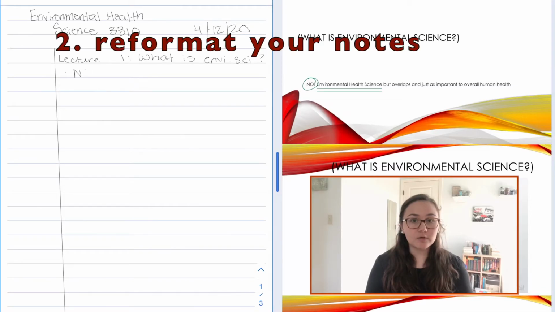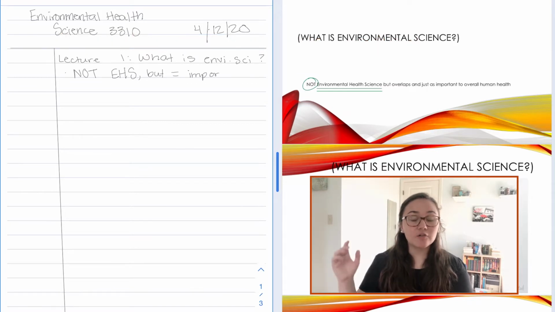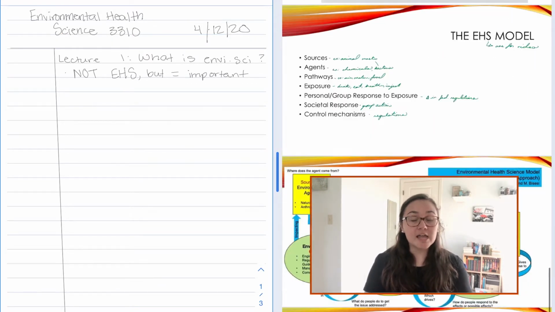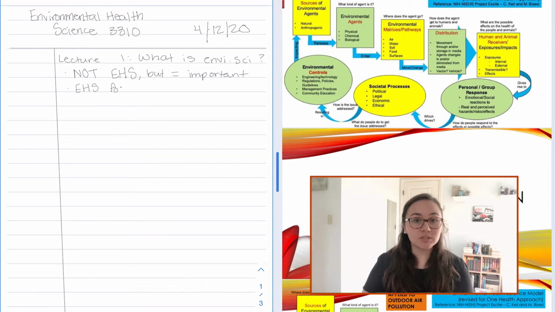The next thing that you can do in your review process is reformat your notes. For me, if I have a fill in the blank slide, I'll take what I filled in and I'll add all the rest of the content that was already in that slide deck and create a comprehensive set of notes, either by typing them up in something like Google Docs or Word, or by writing them out by hand.